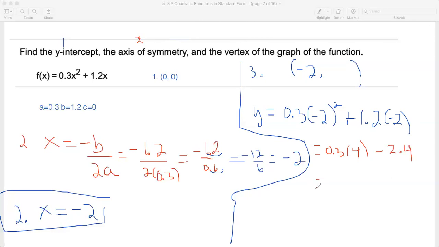So this will then give me 1.2 minus 2.4. So that'll give me a -1.2. All right, so my vertex is -2, -1.2. Guys are doing great.